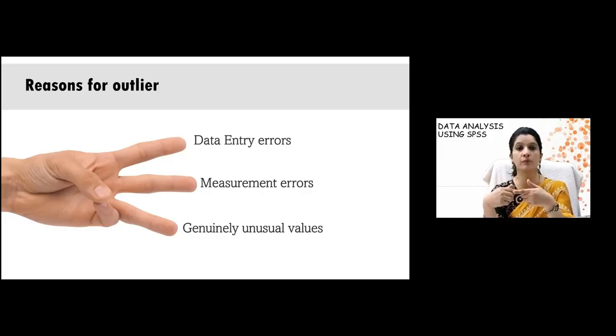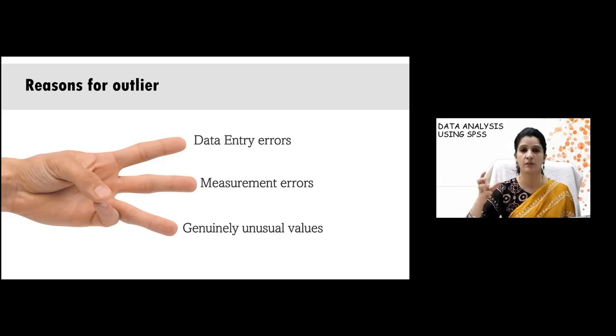The second reason could be measurement error, like the tool, or sometimes if the interviewer is not trained properly, he or she may not be able to take the interview properly if it is measured on a Likert scale.